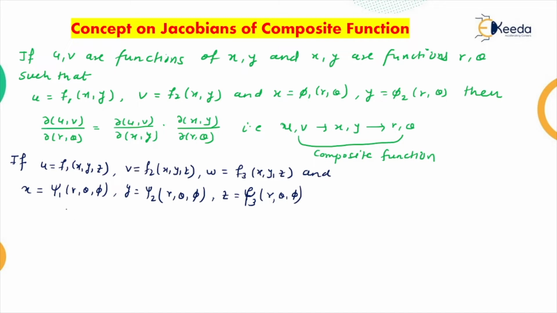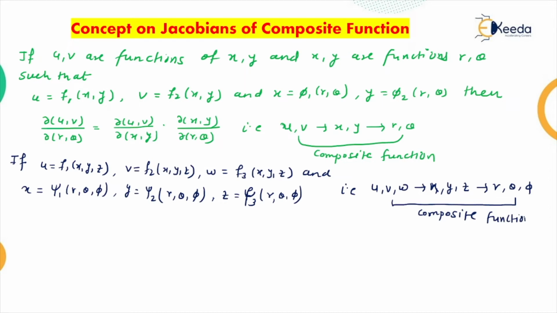So u, v, w are functions of x, y, z, and these are functions of r, theta, phi. We call u, v, w composite functions of r, theta and phi.